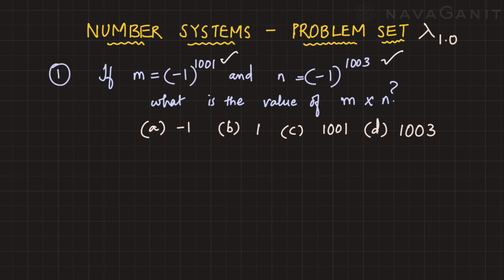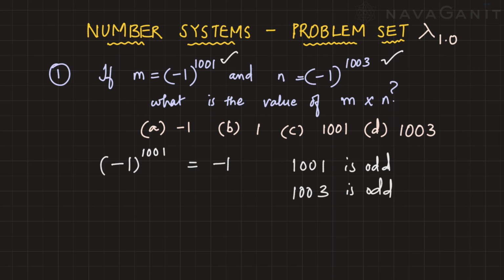So we can see that minus 1 to the power of 1001 would equal minus 1. Why? Because 1001 is odd. Similarly, 1003 is also odd. So even minus 1 to the power of 1003 will be minus 1.